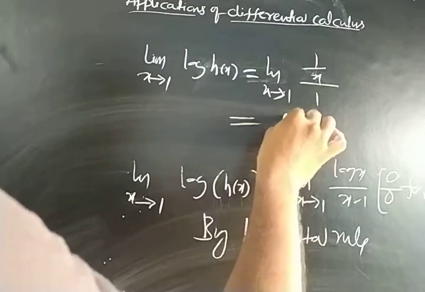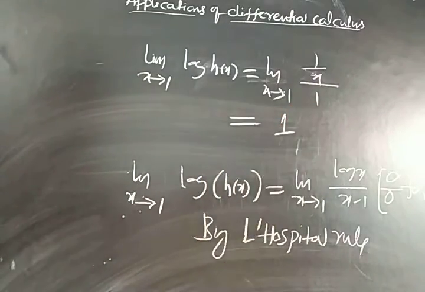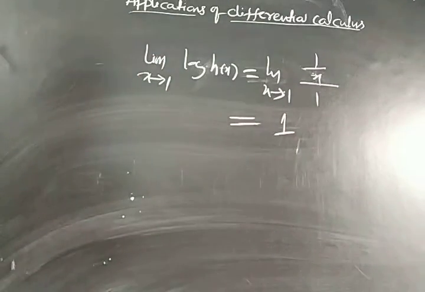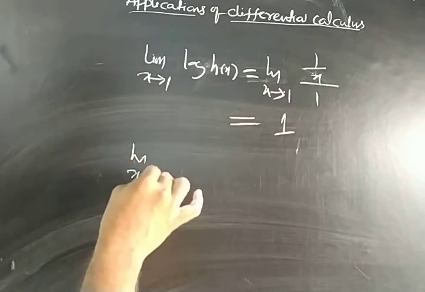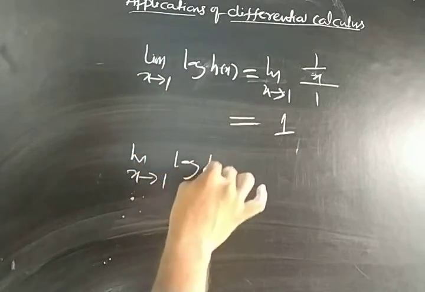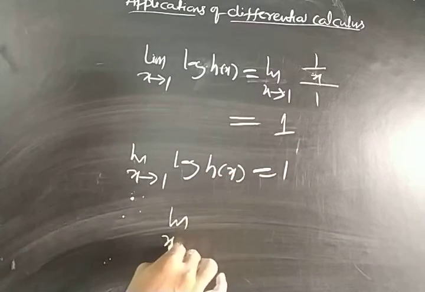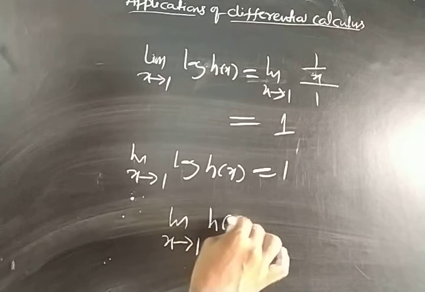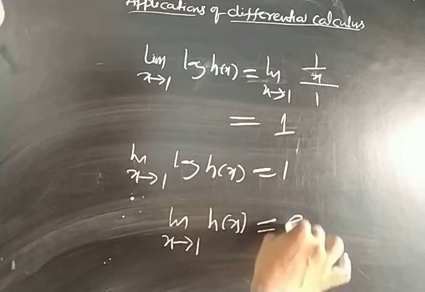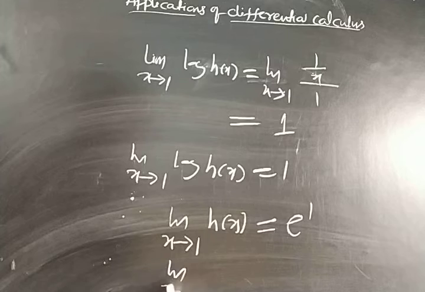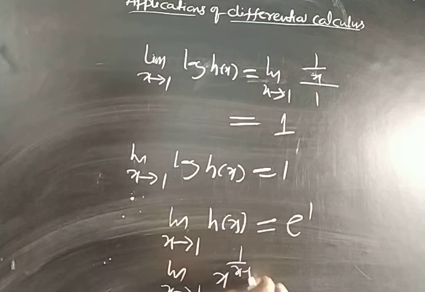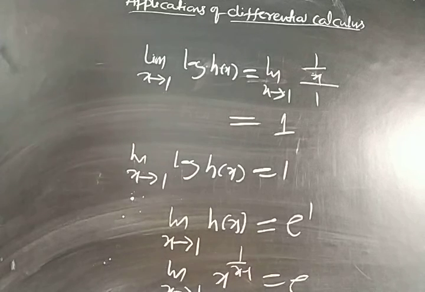By substituting 1 you will get 1 by 1, that is 1. So therefore limit of log h of x is 1. By sending log to the other side, limit as x tends to 1 of h of x is equal to e power 1. What is h of x here? x power 1 by x minus 1 limit is e. This is the procedure. So using this procedure you can solve the exercise problems. Okay.